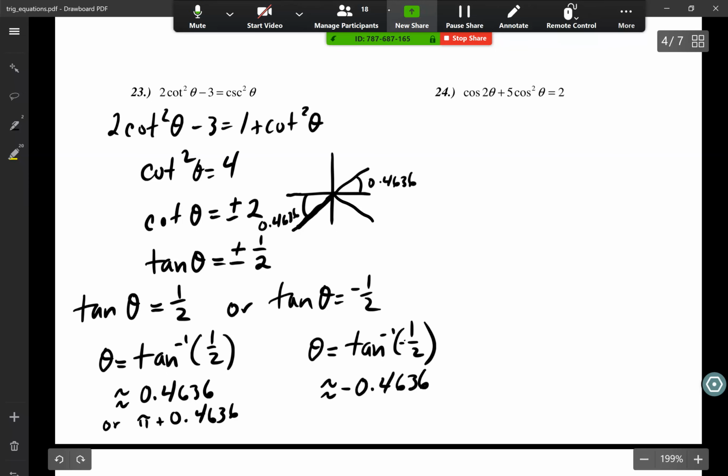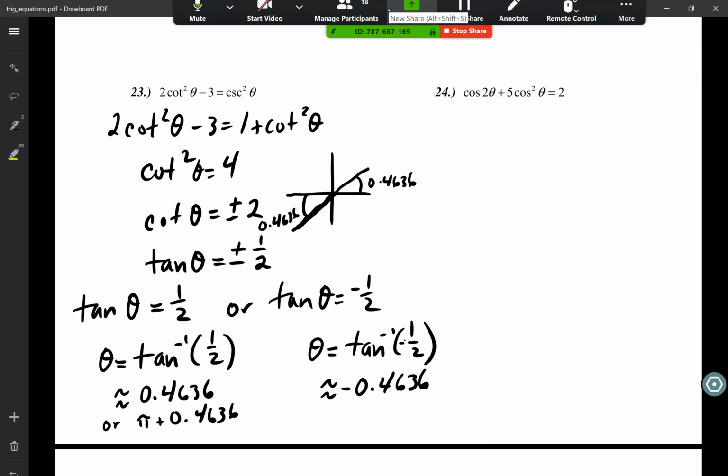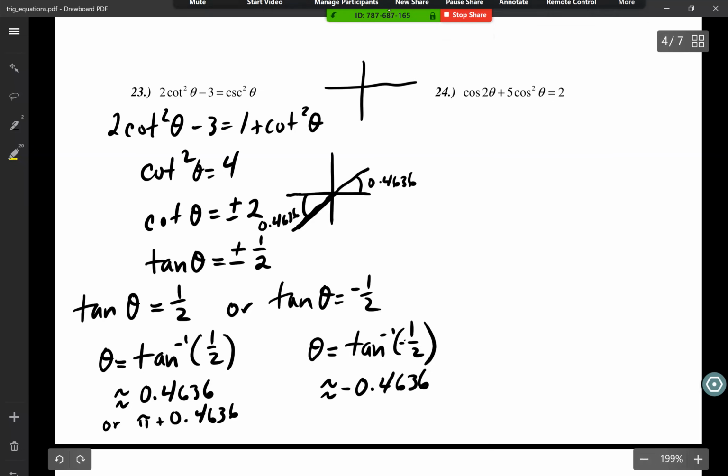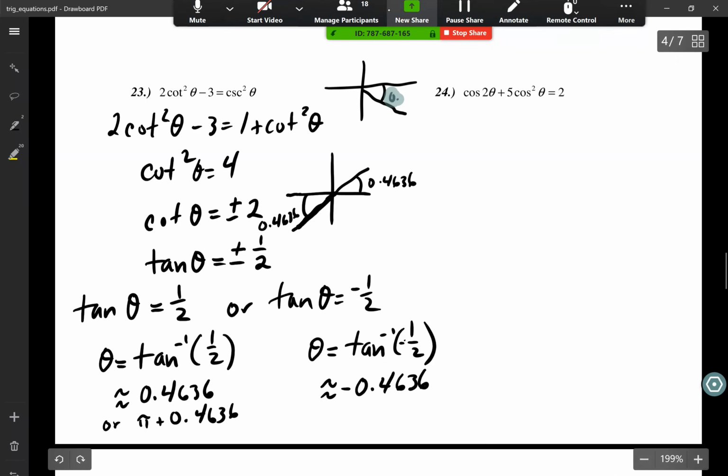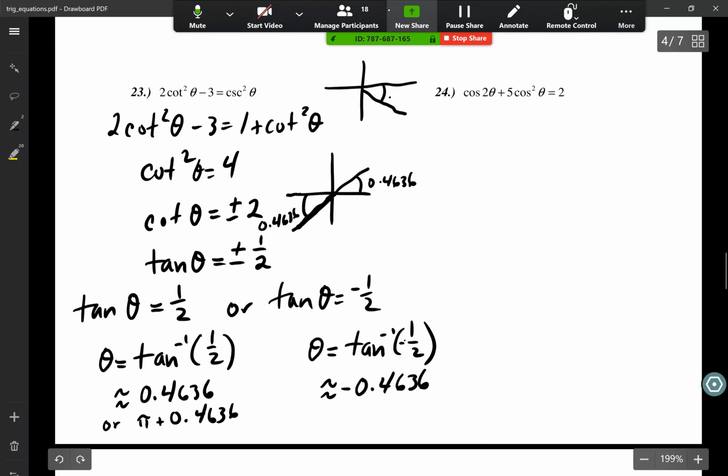However, let me draw a different picture instead of putting that on there. If you're being asked to find all solutions from 0 to 2 pi, then I have an issue because I just got a negative, and that's not between 0 and 2 pi, right?